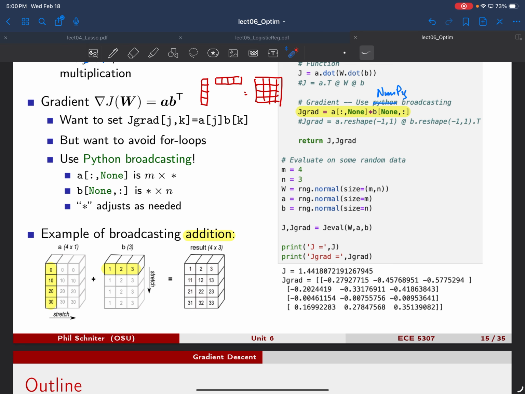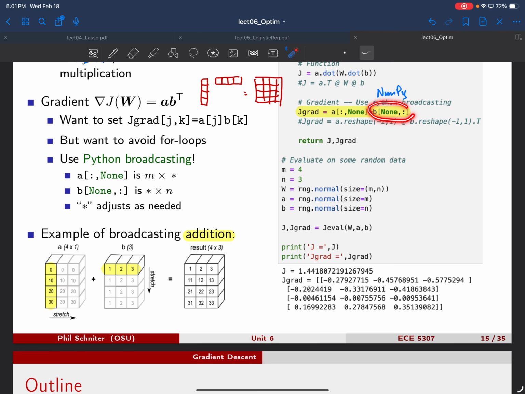And so the cool thing is, with NumPy broadcasting, you can effectively turn A into a matrix using this: you do A, colon, comma, None. What this says is, make A one dimension bigger and expand the size as needed for the next operation. You don't even have to tell it what the size is.